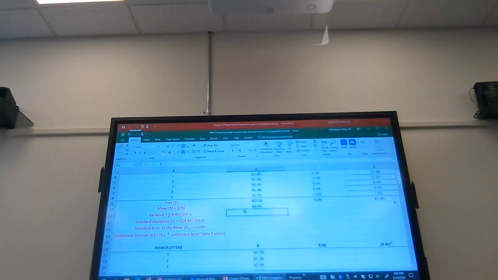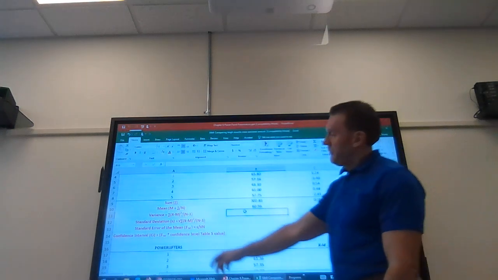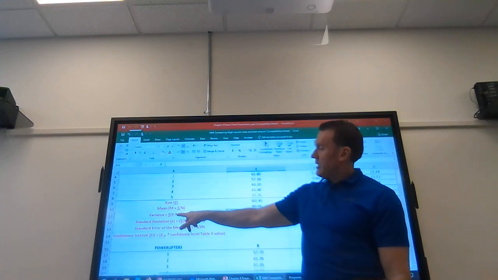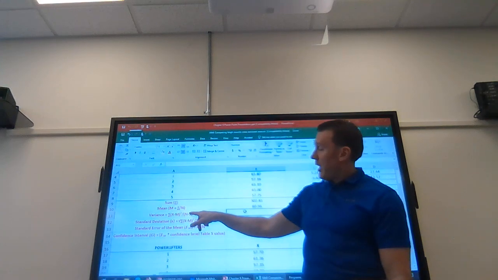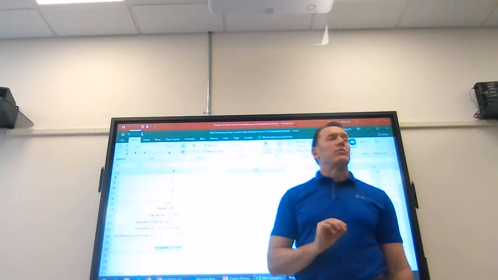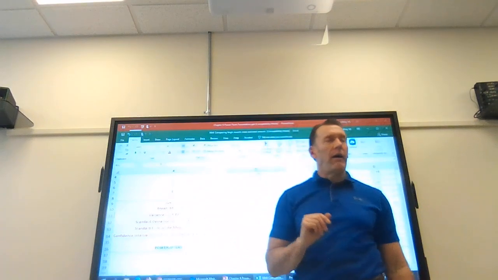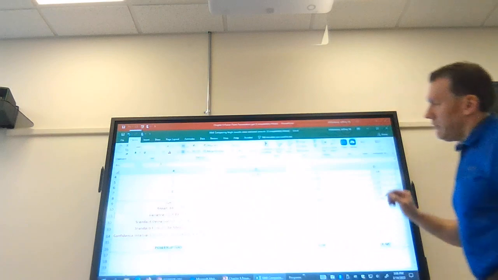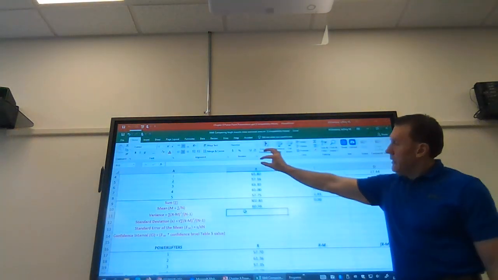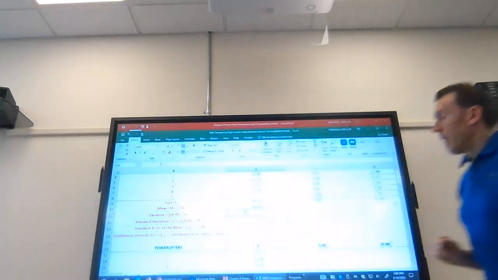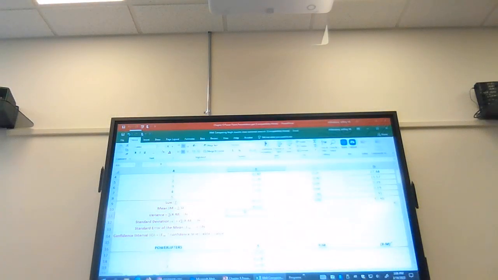What we want is the variance. So there's our formula for variance: the sum of the squared deviations, and we divide that by n minus 1. What does n minus 1 equal? 4, yeah. So if you want, put your cursor right here in B11. You'll start it out just like you always do.